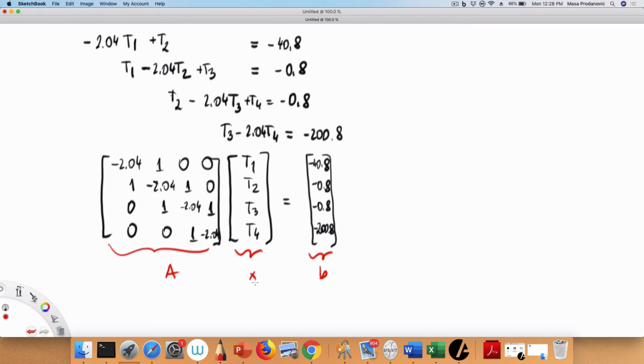And the rest is 0. If it were bigger, if it was 40 points in between, it would still look like this, with a whole lot of zeros. On the right-hand side, it's the first one and the last one that are changed by the boundary conditions, because that's the known temperature that went on the right-hand side, but everything in between would be minus 0.8.